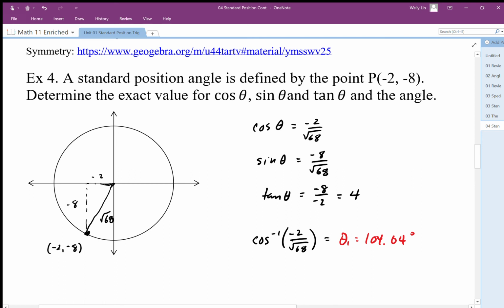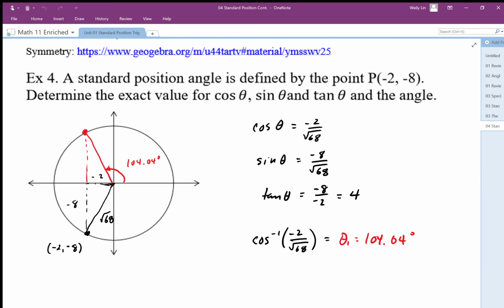There's always a theta 1 and a theta 2 involved when we undo sine, cos, tan. And 104.04 degrees is in the wrong quadrant. It's over here. It's in quadrant 2. It's that position right there. That's 104.04 degrees. That's not the one I want.